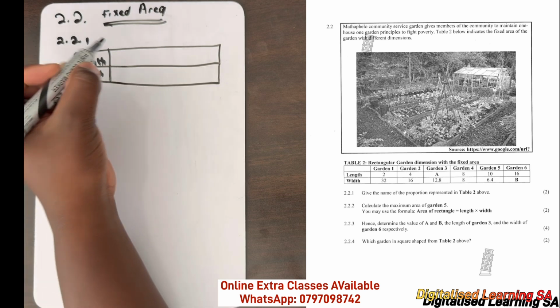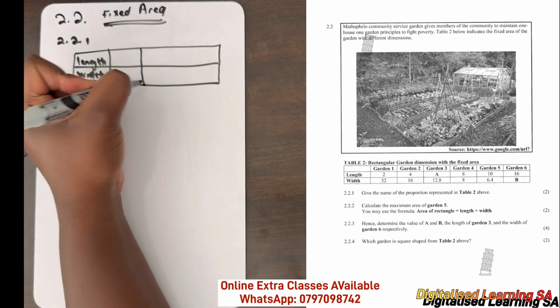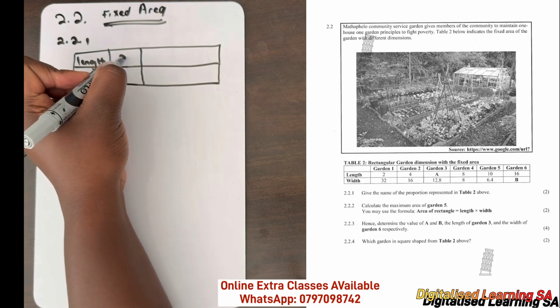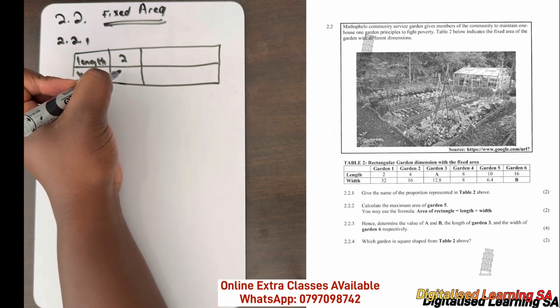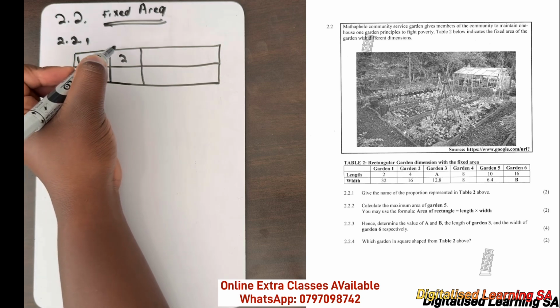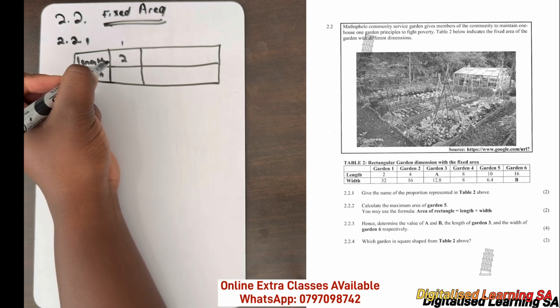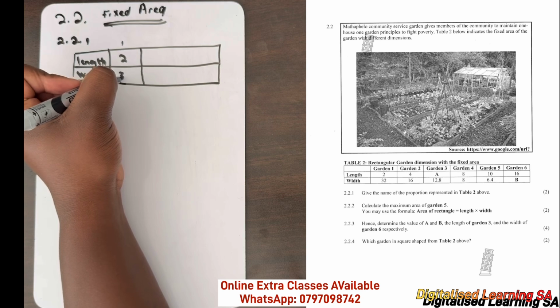For garden 1, the length is 2 and the width is 32.